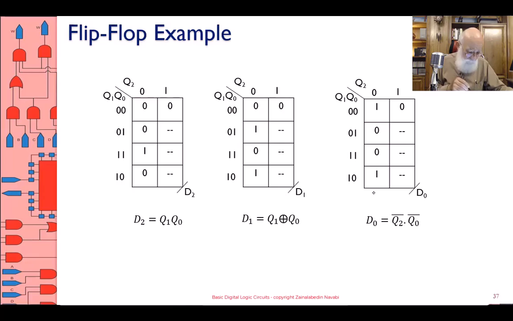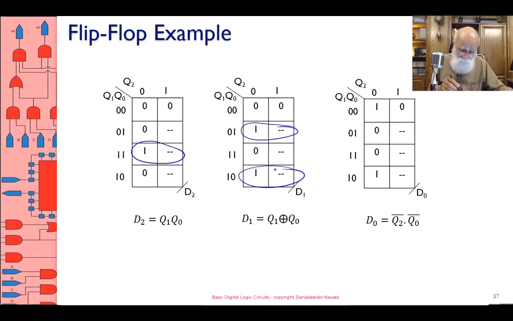And for D2, this is the easy map. This becomes Q1, Q0. For D1, these two become Q1 Q0 exclusive OR.